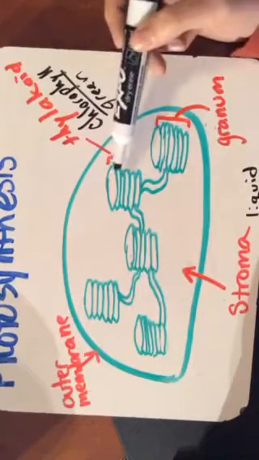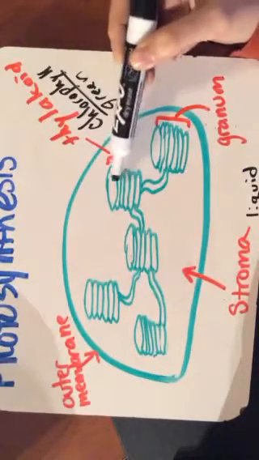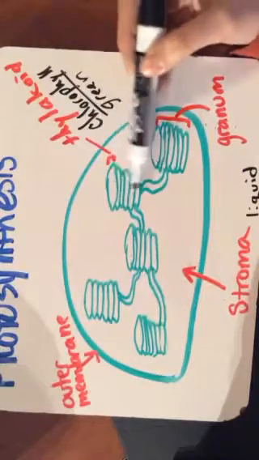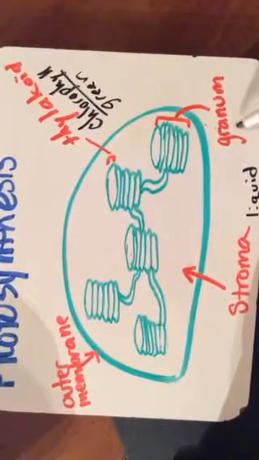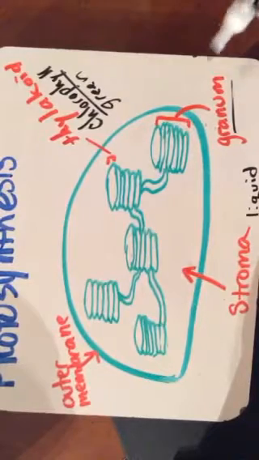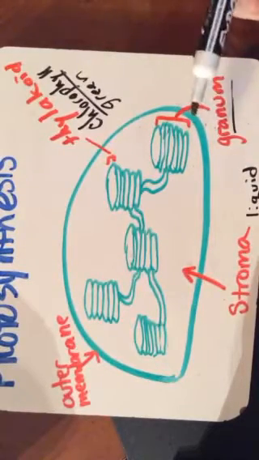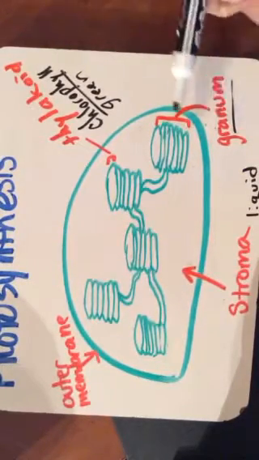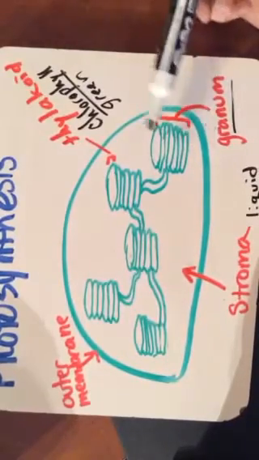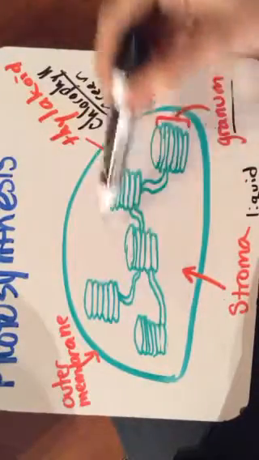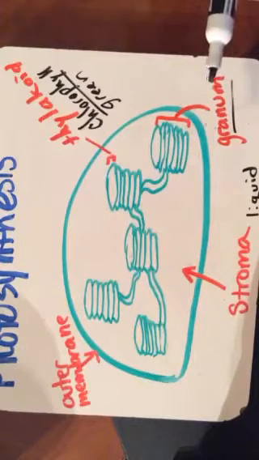Okay? When you have several discs in a stack of the thylakoids, that's called a granum. So singular is granum, plural is grana, just so you are aware, because I'll be using those terms to mean those very specific things. So a single one of these stacks is a granum, multiple or plural is grana.